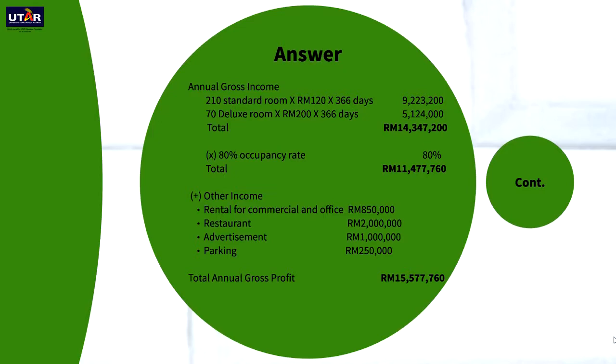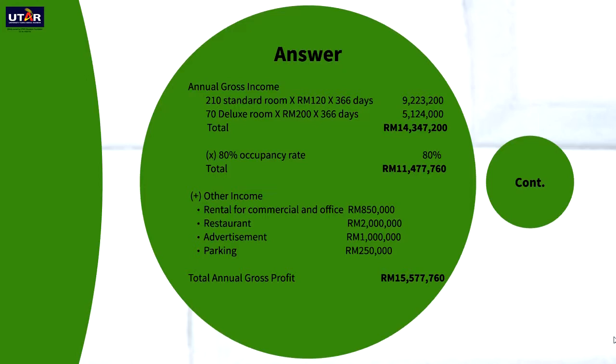In order to get the total gross income, you need to add the other income. Other income involved here is rent for commercial and office, restaurant, advertisement and parking. So the total annual gross income is 15,577,760.